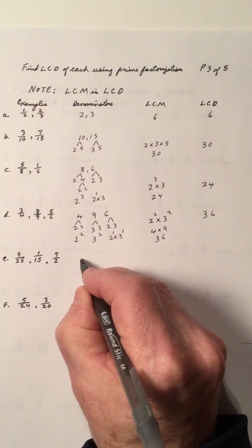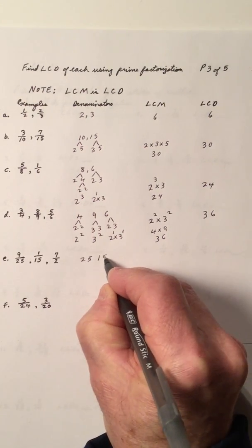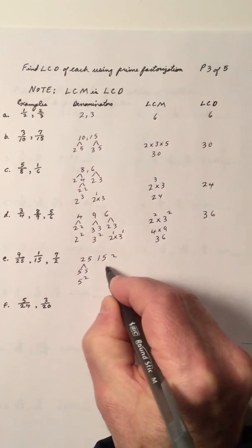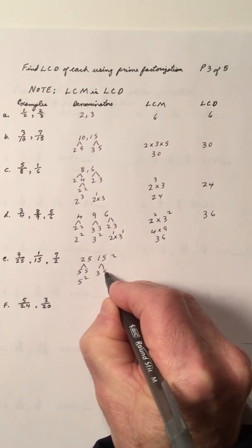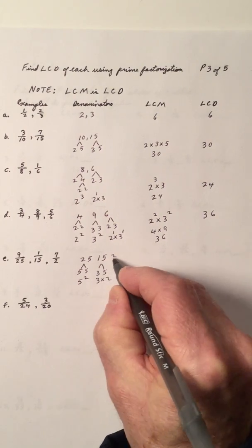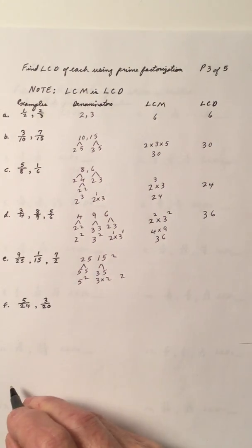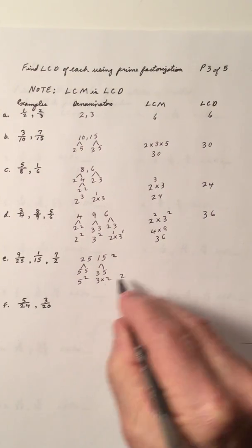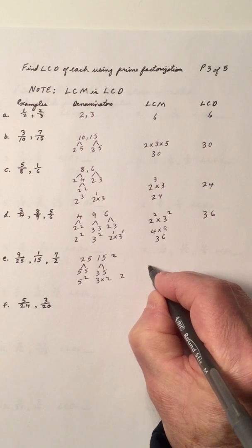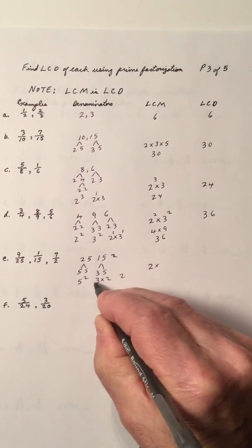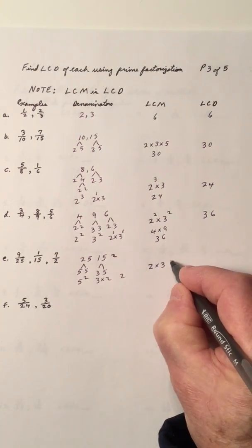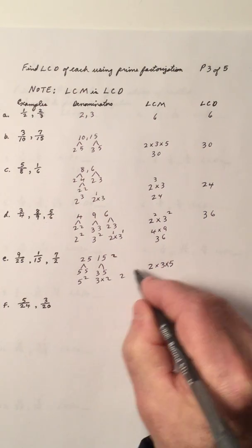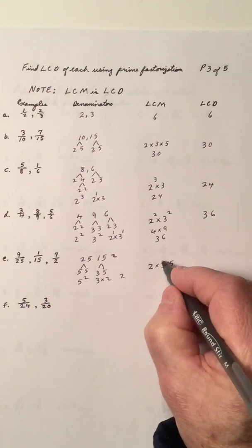25, 15, and 2 are my denominators. 25 is 5 times 5, which is 5 squared. 15 is 3 times 5. And the 2 is already prime. Can't break it down. Now, there's a 2, and there's a 3, and there's a 5. 2 is a 1, highest exponent. 3 is a 1.